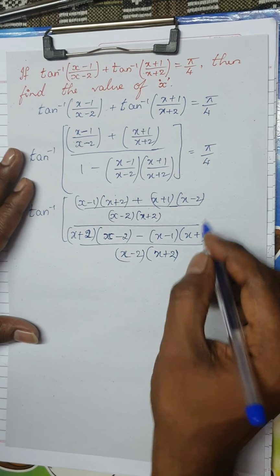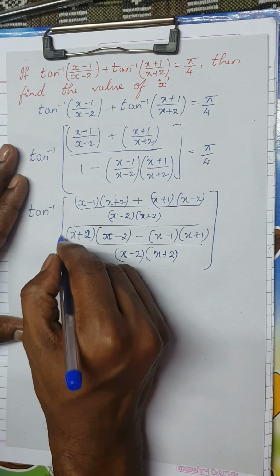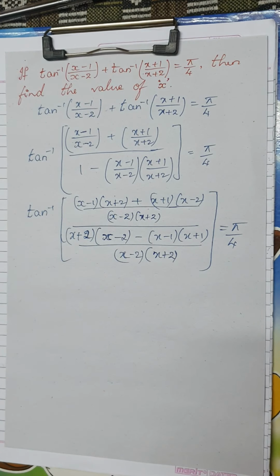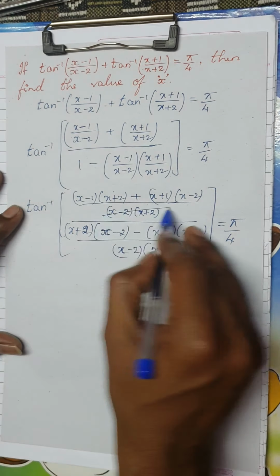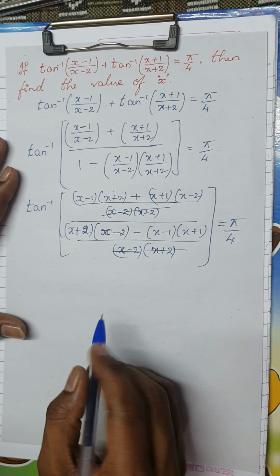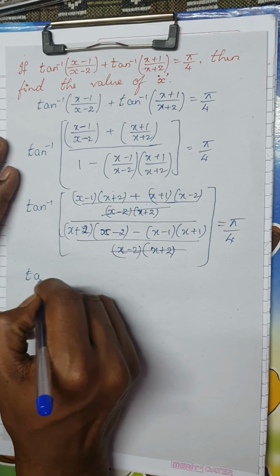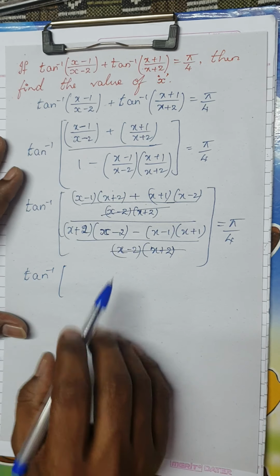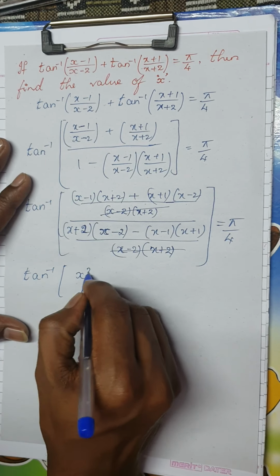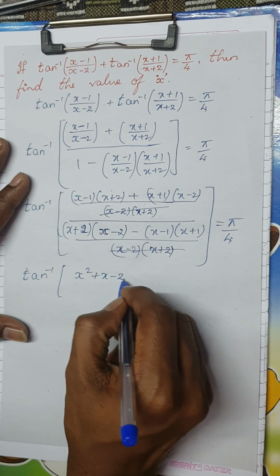Only thing is writing will tire you in this question, otherwise it's a very easy question. I'll get the right hand side is pi by 4, just kept as it is. Denominators will be same in both numerator and denominator, you can cancel. So you get tan inverse of, if you multiply the terms, I'm going to get x square plus x minus 2.